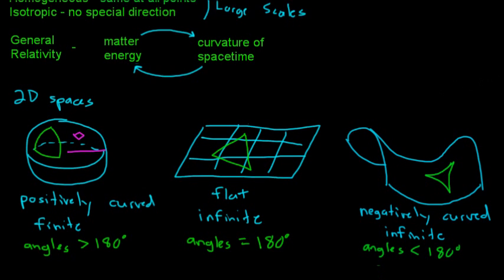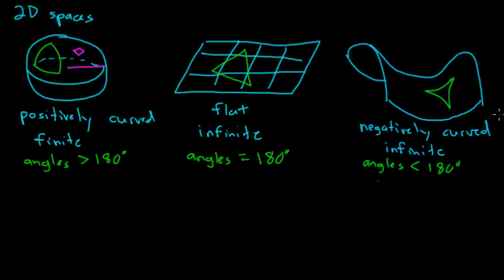So when we start talking about the universe expanding and contracting, what we're talking about is, I have this homogeneous and isotropic geometry, and maybe that geometry starts small. And then that geometry expands into what we would call a larger geometry. There's more surface area here than there is here.